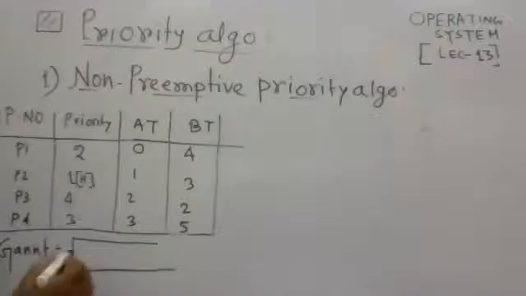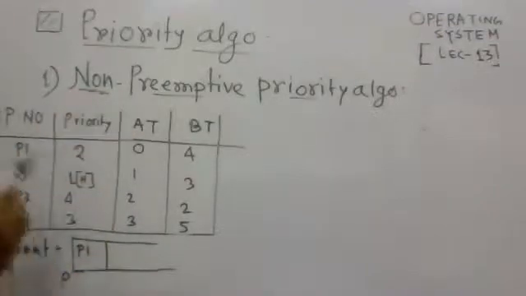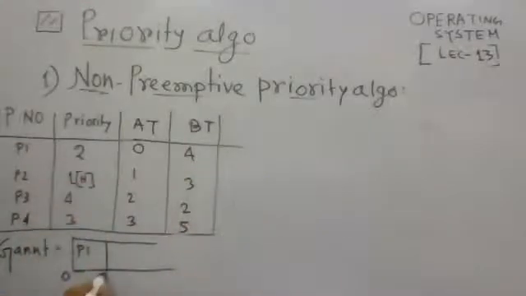As this algorithm is non-preemptive, we have to assign P1 for 4 time units. So P1 completed and terminated.